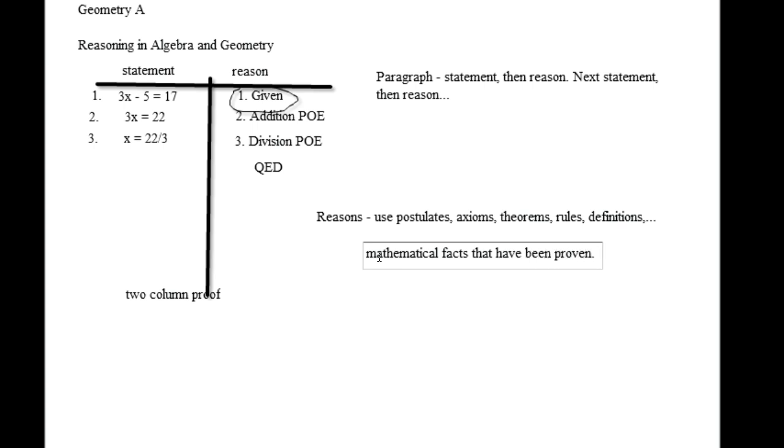If you can use those and you've had it proven, you can use it, basically. But you're just going to list your statements over here and just be able to work over there.